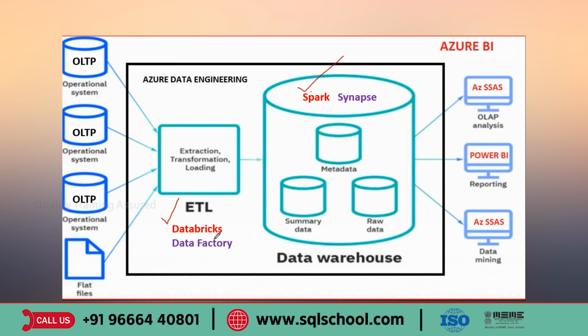Open source ETL, open source warehouse, plus branded. Azure data engineering has Azure Data Factory, Fabric data engineering has Fabric Data Factory. Both are almost similar. Then we have Synapse, either Azure or Fabric, only one Synapse.